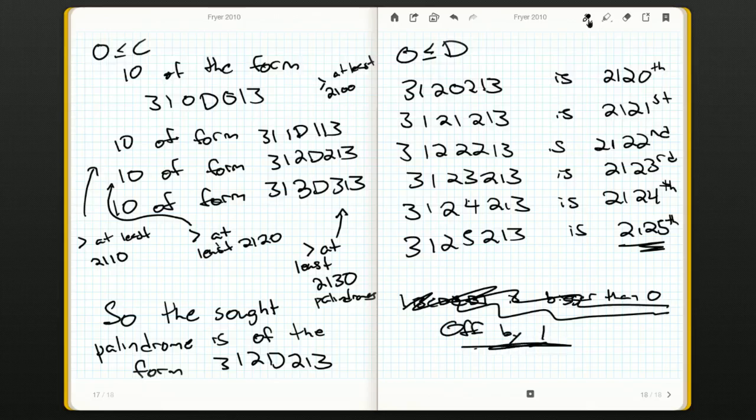So in actuality, this one here is the 2,121st, 22nd, 23rd, 24th, and this one is the one we seek. Right? Yeah, I think so. I'm pretty sure.